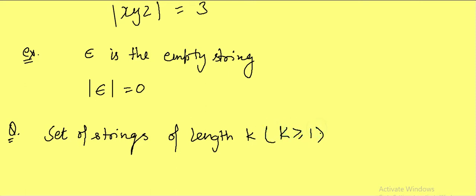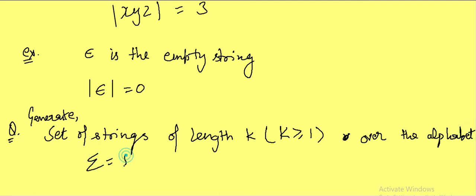Let me tell you that this is the question: generate a set of strings of length k over the alphabet A comma B.